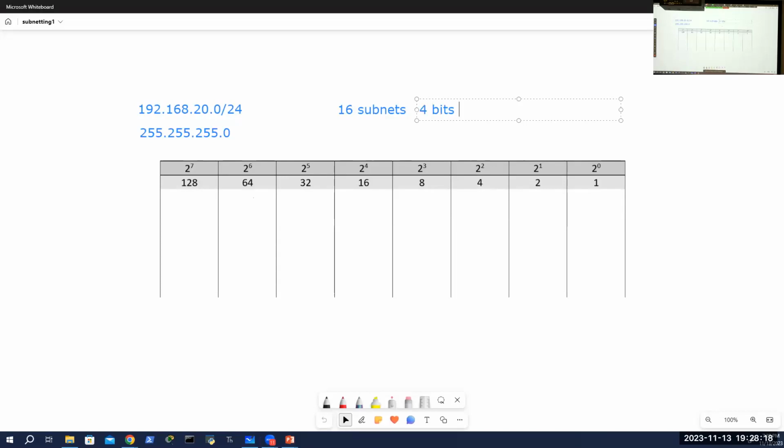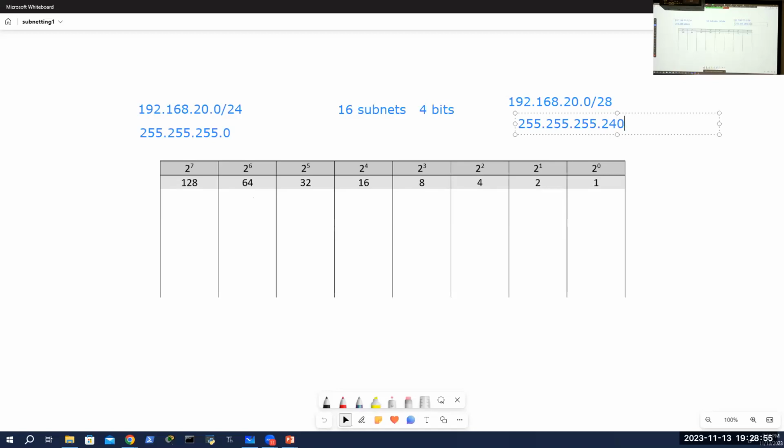That's gonna give us a new prefix, 192.168.20.0/what? 28. We just add the number of bits that we need to create those 16 subnets to our original prefix. And what is the subnet mask that gives us? 240. How do we get 240?